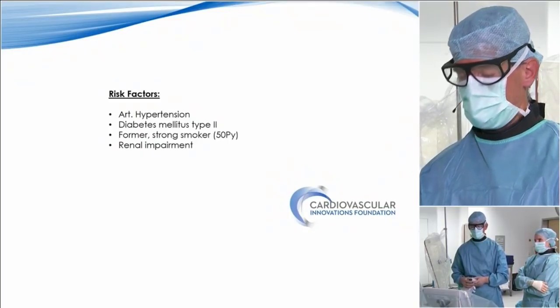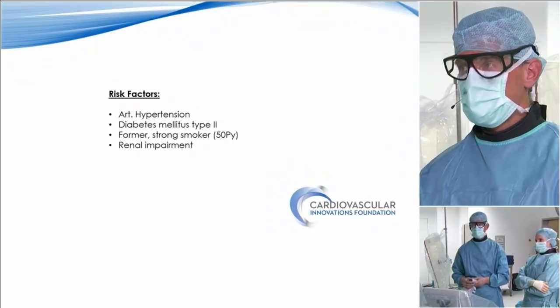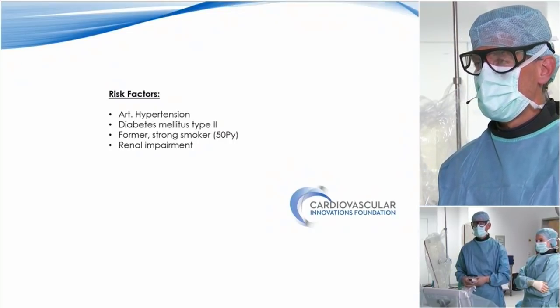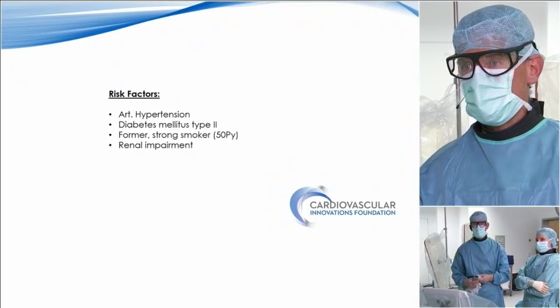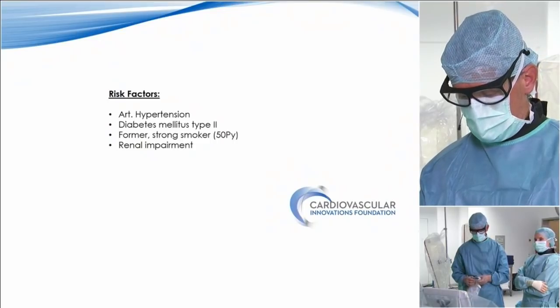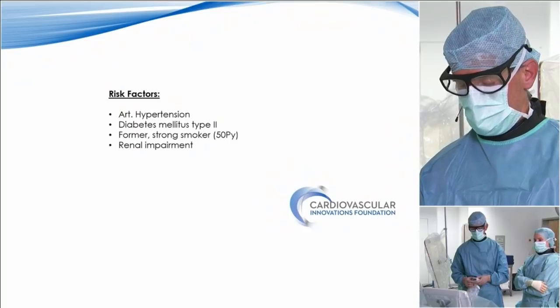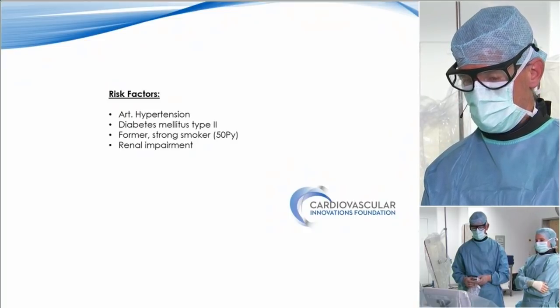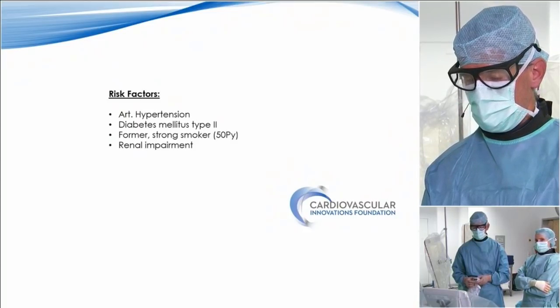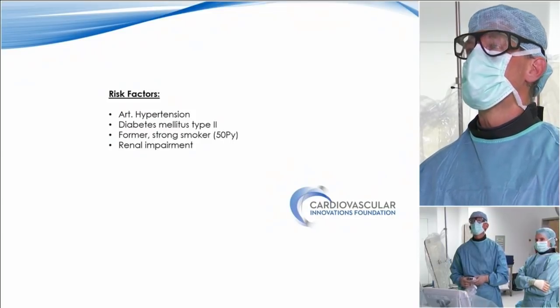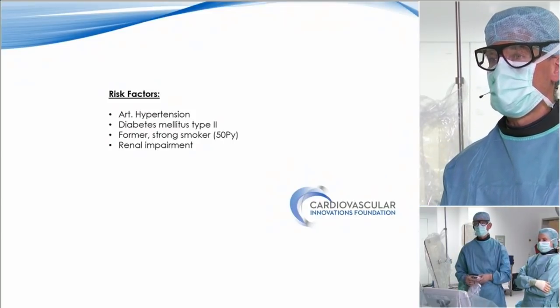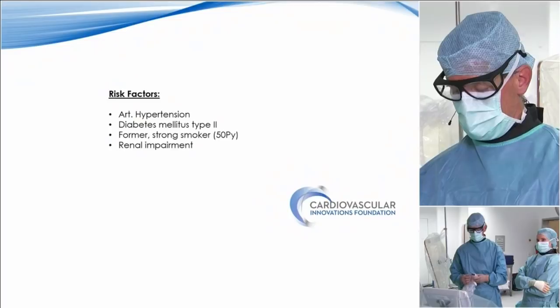I don't understand why should anybody transect it if it is only a bypass. The only time is in the redo groin. Then the profunda access is very, very complicated. You may choose to transect the chronically occluded SFA to access the profunda safely, but that is the only setting in which I would think transection of the SFA is appropriate, which opens up the anatomy for exposure of the profunda.